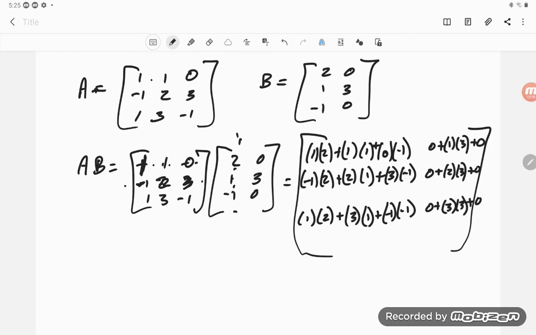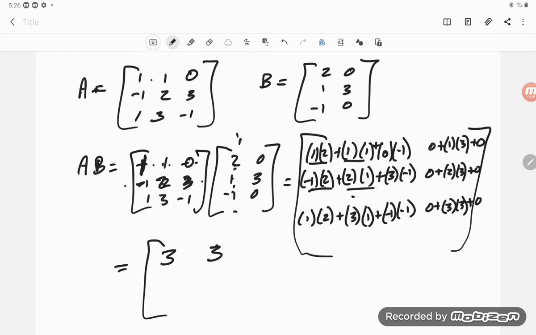And so my product is a matrix that's 3 rows by 2 columns, and I get, let's see, 2 plus 3 times 0, or plus 0, 2 plus 1 is 3, so 3. Then I get a 3 here, and then negative 1 times 2 and a 2 times 1.